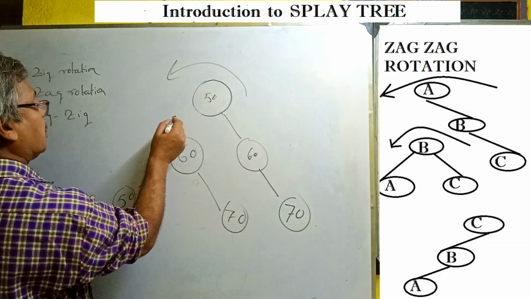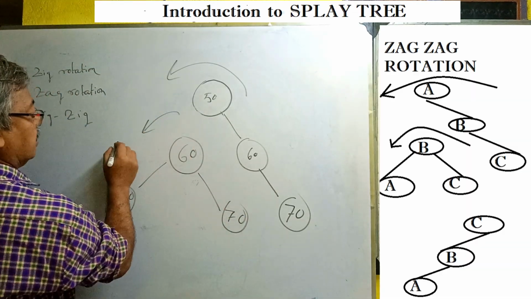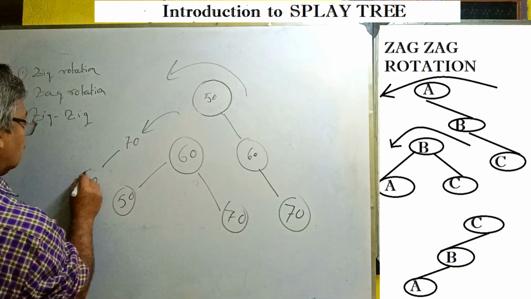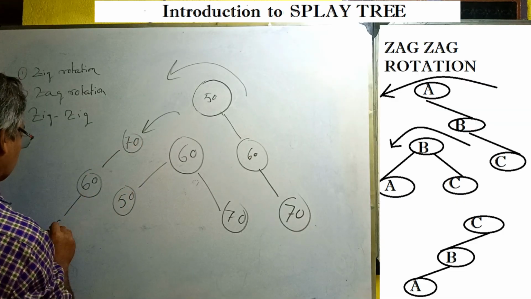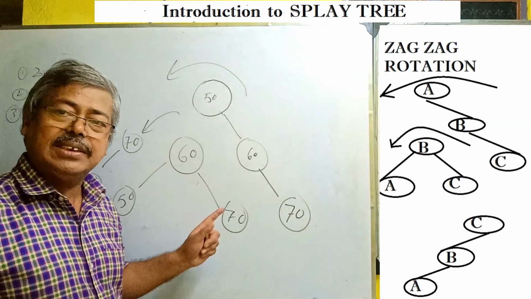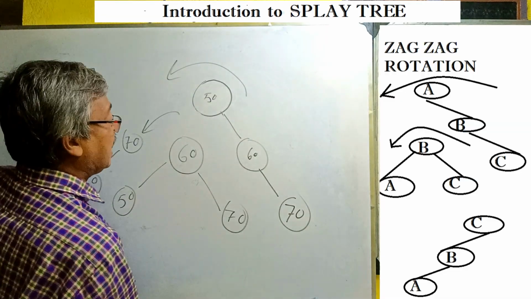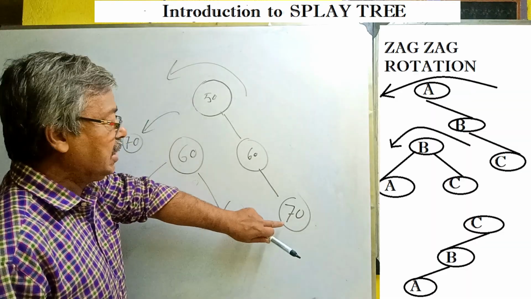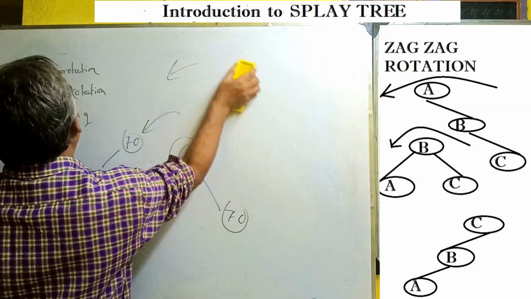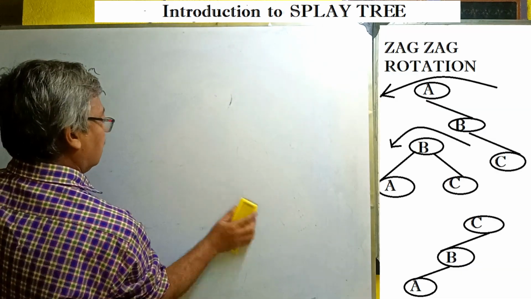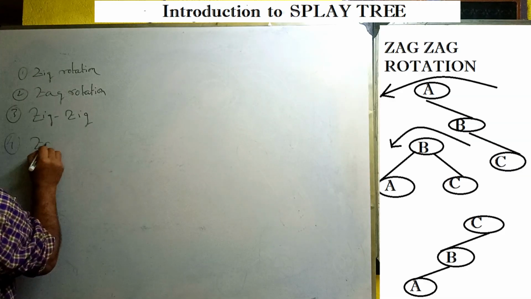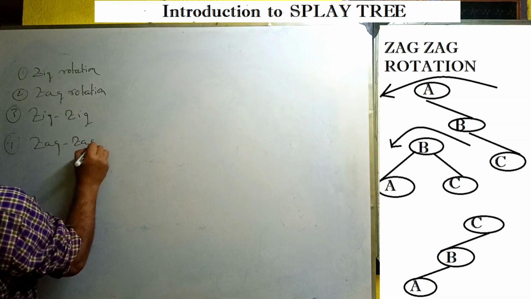After the second zag rotation, 70 is at the top, then 60, and then 50. These are all left children of each other. So after two zag rotations, 70 is placed at the root position. So this operation is zag-zag rotation.